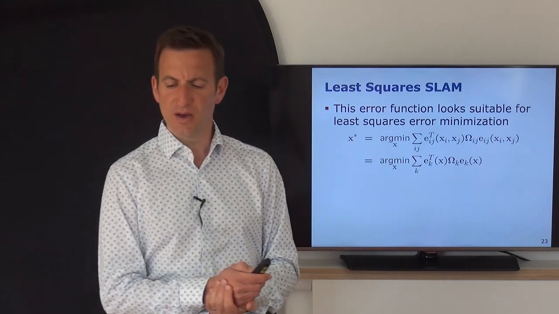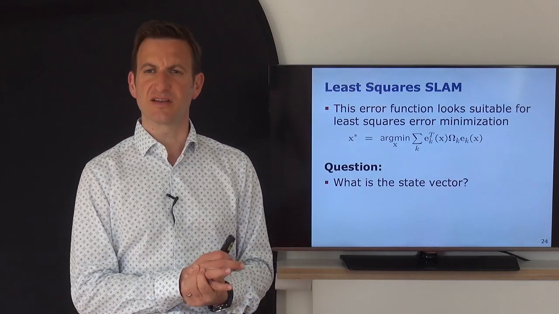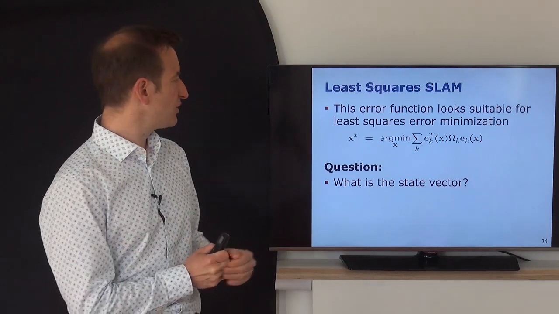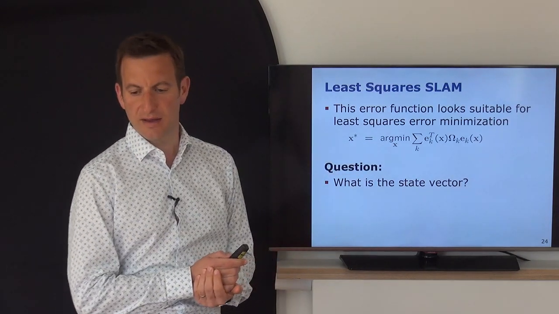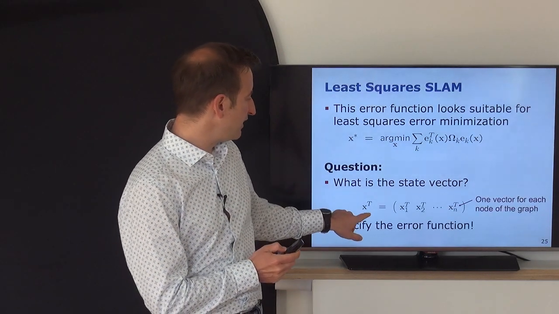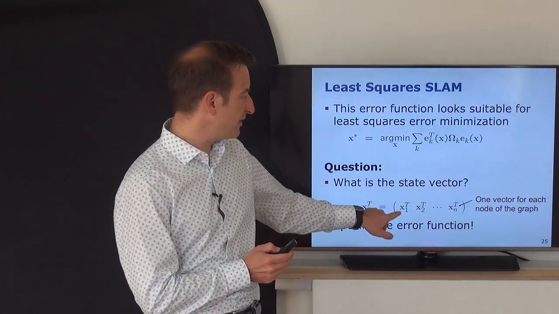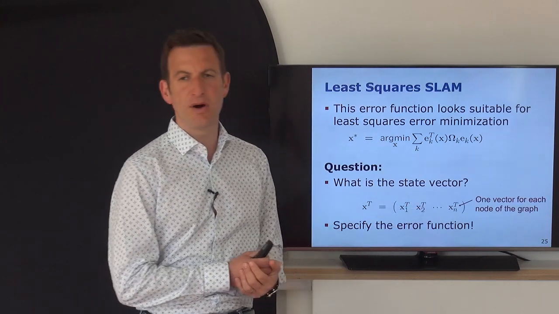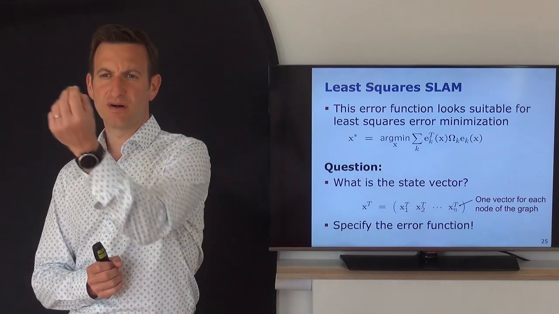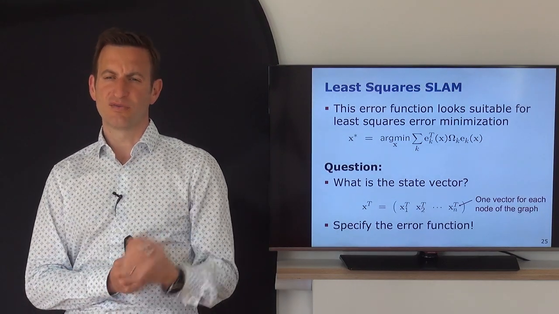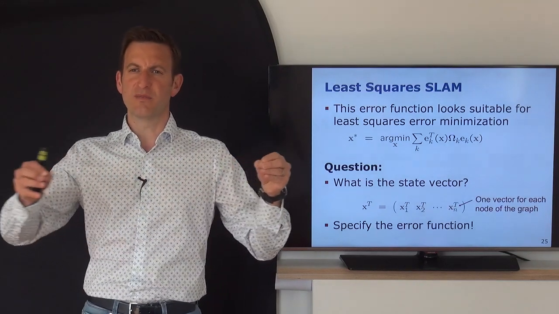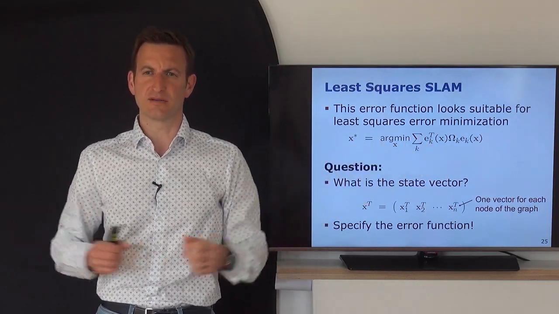On the first question, what does the state vector actually look like? If you now want to sit down and actually implement our system, how should that look? Our state vector x is simply the concatenation of the poses of the graph. So one vector for every node of the graph, and we just concatenate them with each other, so it gets a very, very long vector.